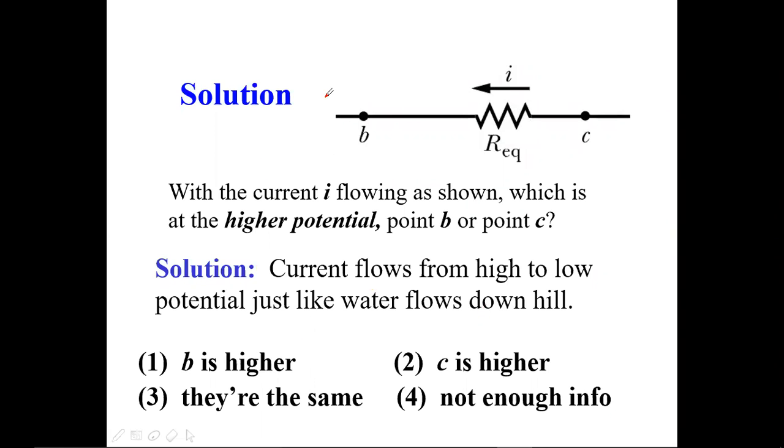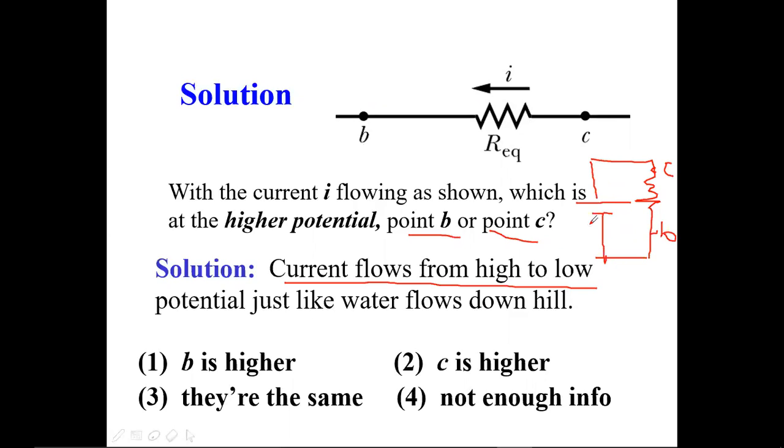Let's see the solution. Current flows from high to low potential, just like water flows downhill. So I am going to redraw the circuit like this. I take a battery with plus and minus, and a resistor connected with C over here and B over here.